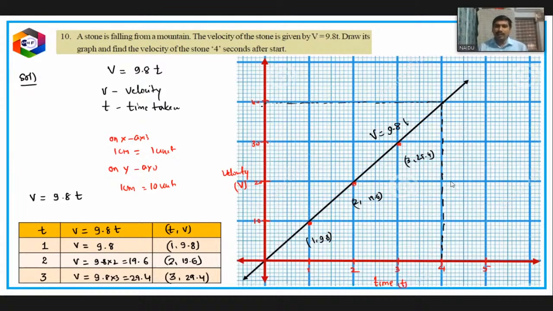We can write it as approximately 39, and 39.2 will be the actual velocity. It is too difficult to find from the graph, but it lies between 39 and 40. So 39.2 will be approximately the velocity when the time is 4 seconds.